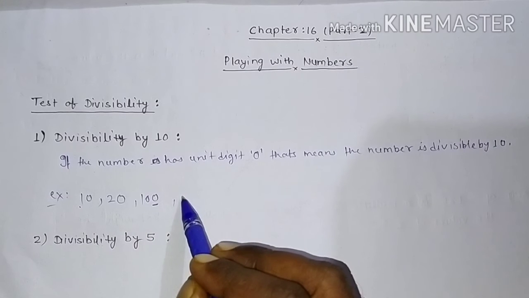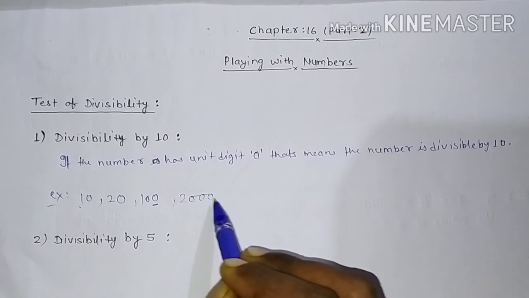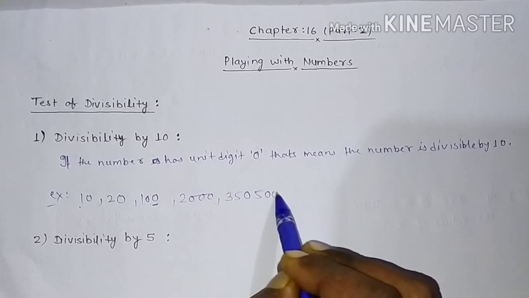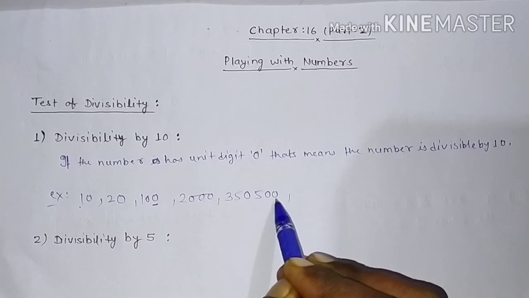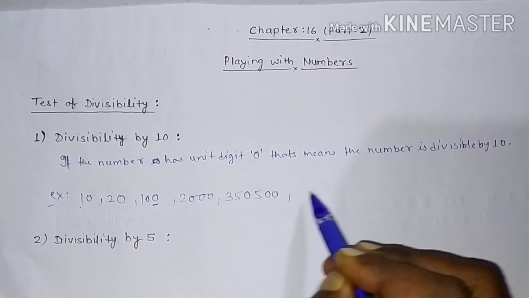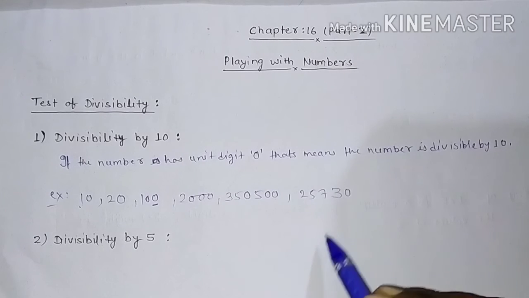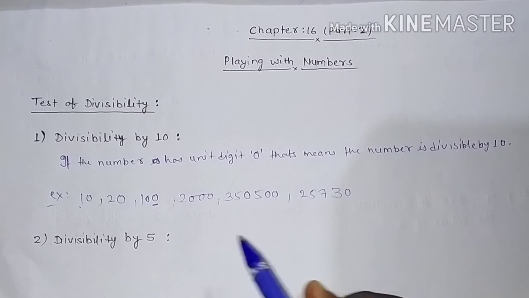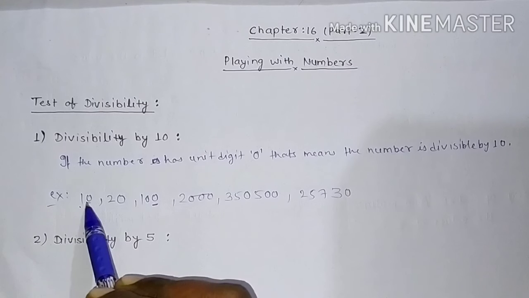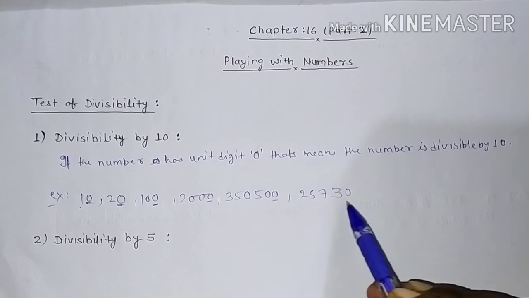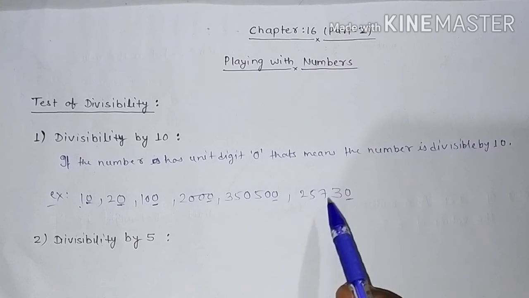We can take 2000, any number you can take, 350500, unit digit must be 0. You can take any number, 25730. In these numbers one thing is common, that the unit digit is 0. So if the number has unit digit 0, that means the number is divisible by 10.